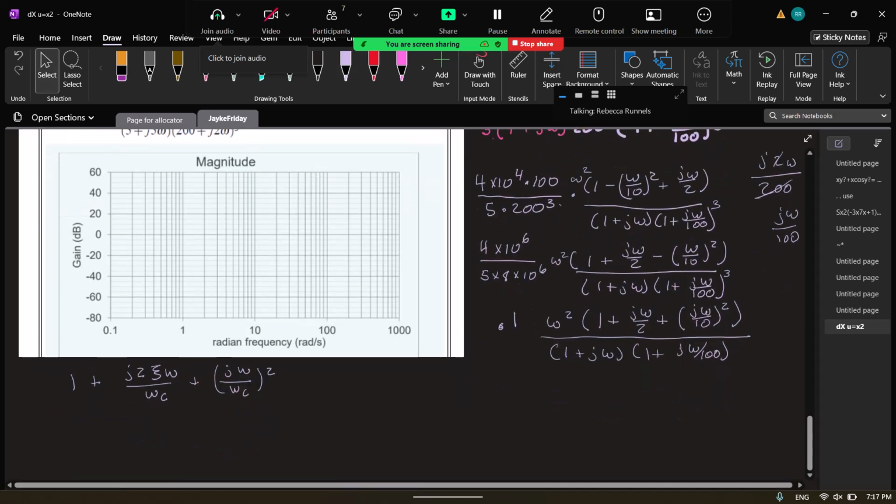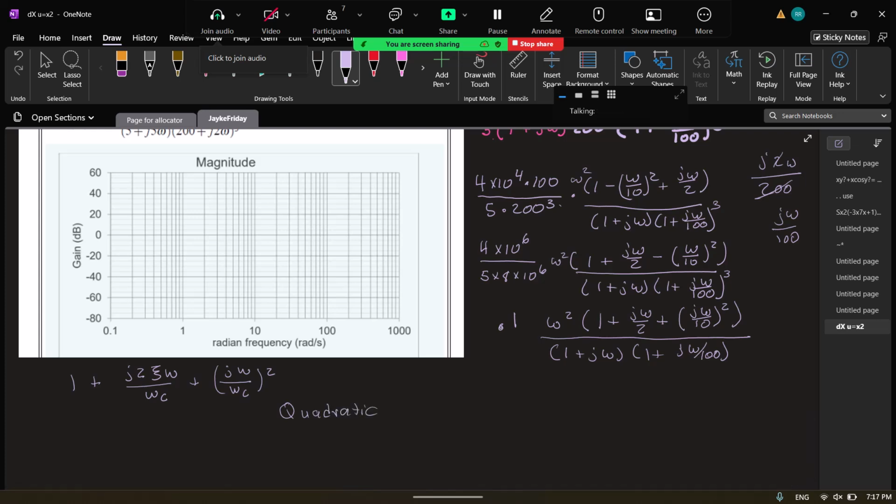So from my quadratic term, I'll start with my quadratic zero. I can tell by looking at this part right here that my corner frequency, omega c, is 10.